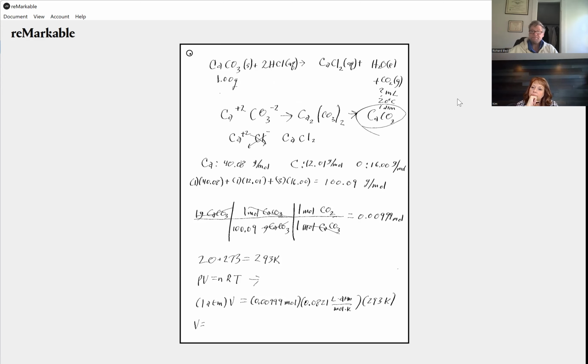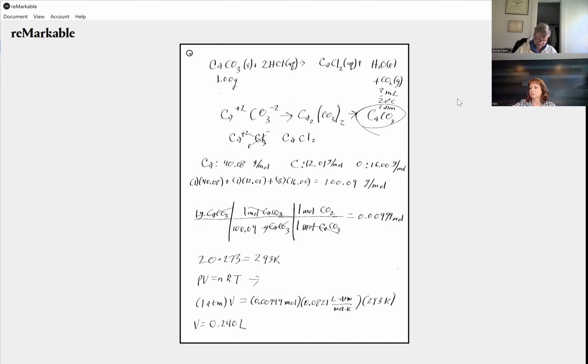Do the algebra. And we get 0.240 liters, if I did that correctly.